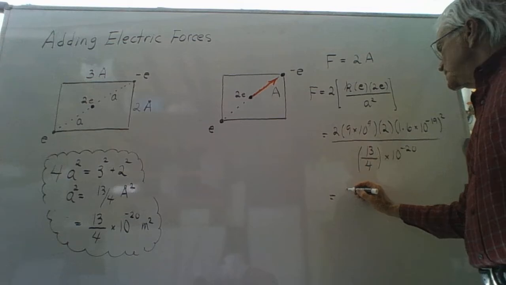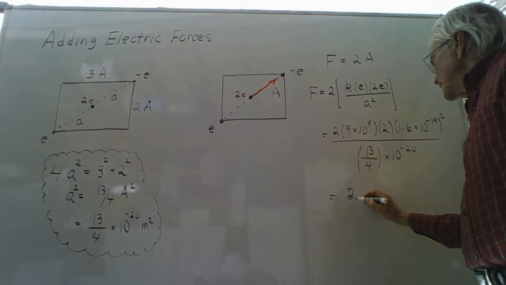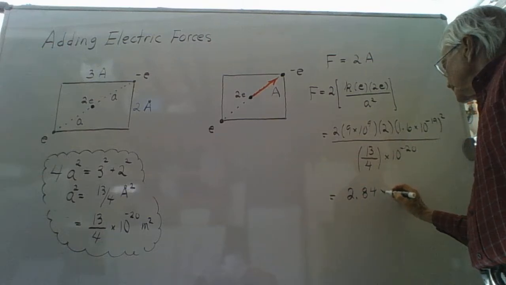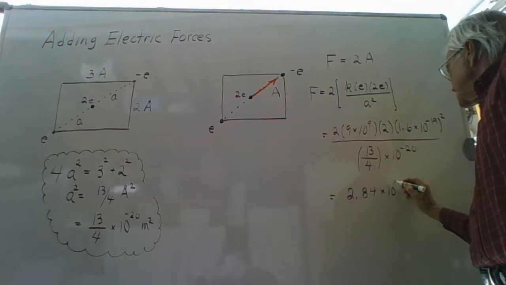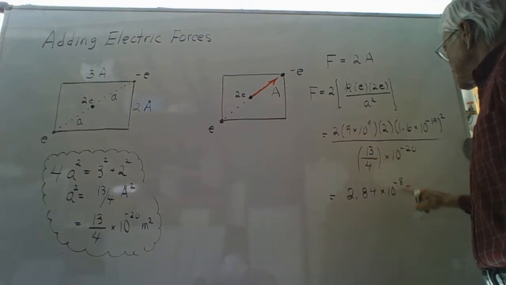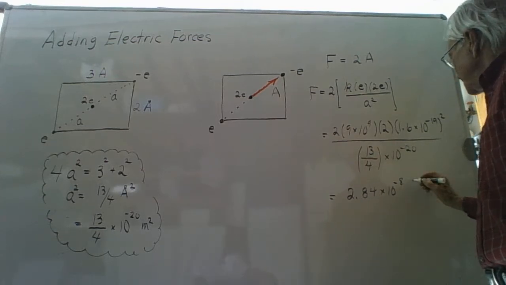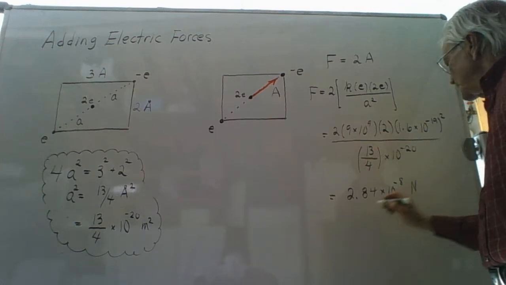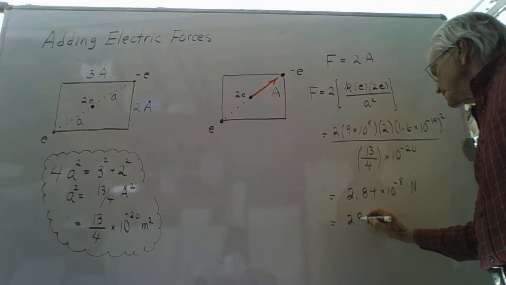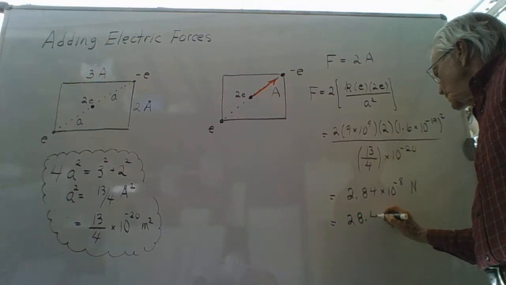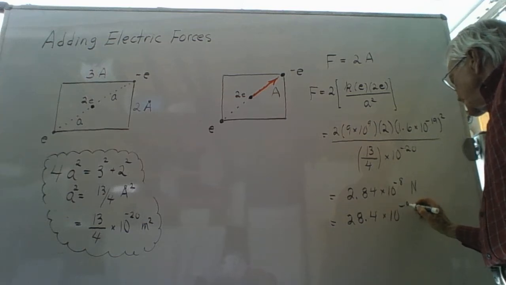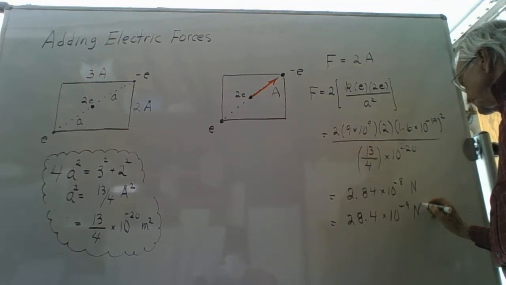This works out to be 2.84 times 10 to the negative 8 meter. I meant to say Newton, which I'll rewrite as 28.4 times 10 to the negative 9 newtons.